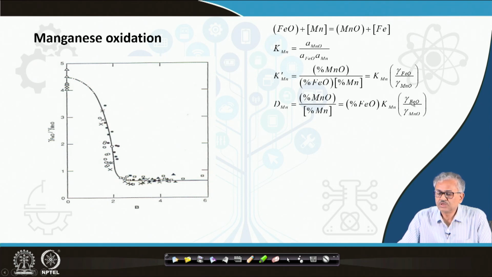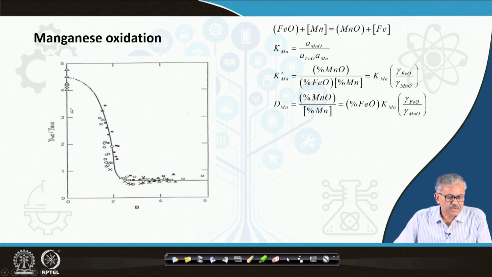Now, you can see both FeO and MnO are basic oxides. So, with increase in basicity it is expected that gamma FeO and gamma MnO both are supposed to increase, okay, with increase in the basicity, gamma MnO by gamma FeO.